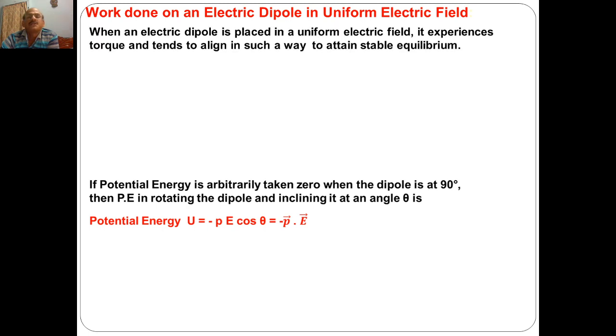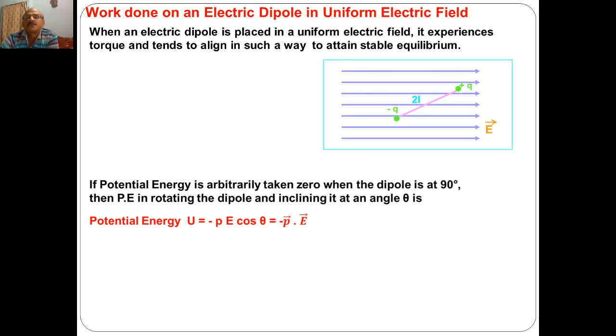Now we will discuss what is the electrostatic potential energy of an electric dipole in uniform electric field. Here see the configuration. Initially the dipole is at angle theta 1 in the external field.